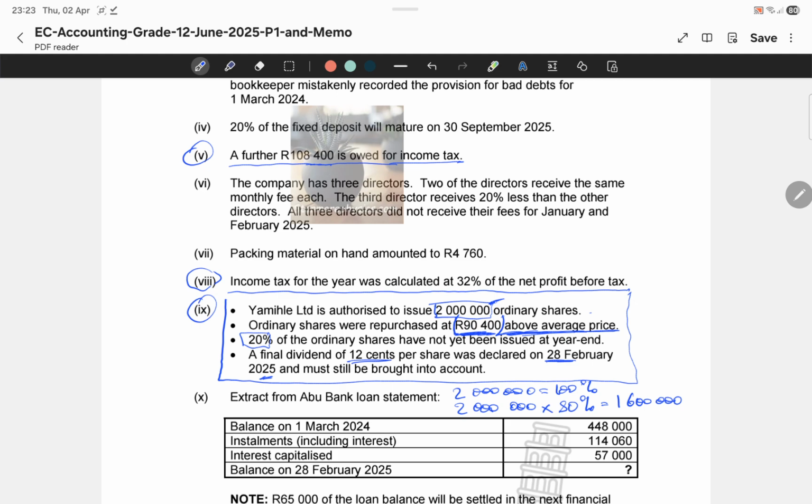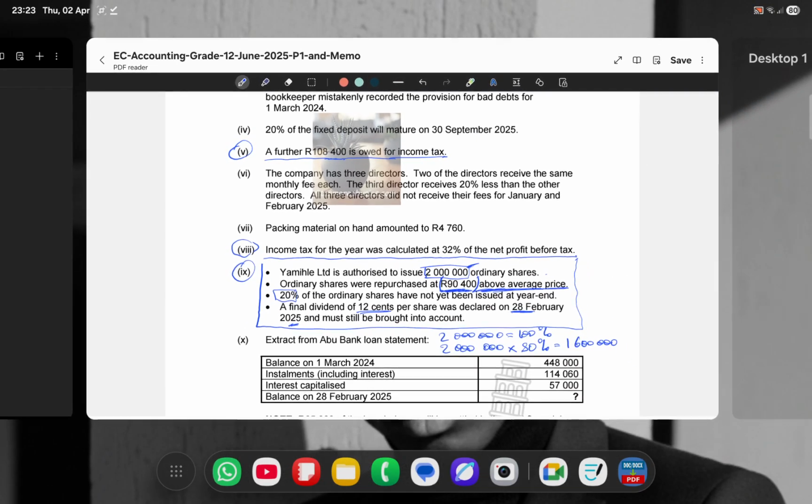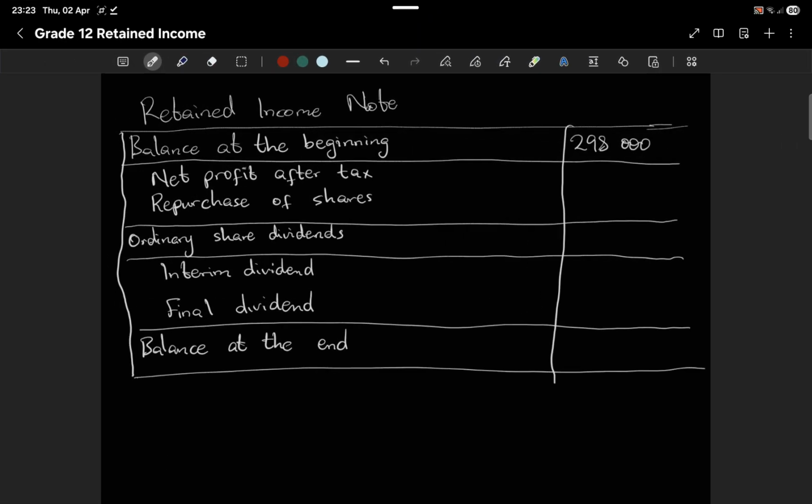Any amount that is above average price is loss. So the loss here is 90,400. We take it as it is. You put it in brackets because whenever the company repurchases shares, it is an expense to the business. And everything that is an expense to the business, you put in brackets. So it's (90,400).